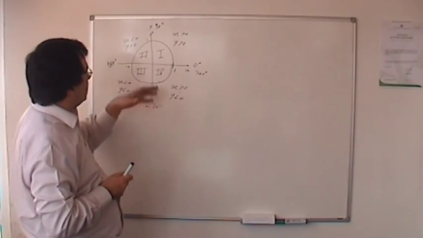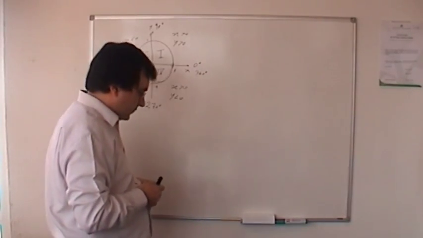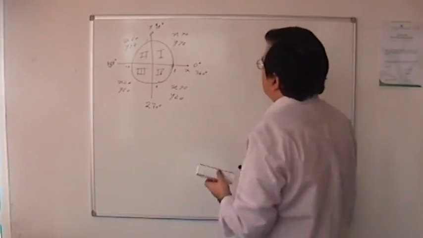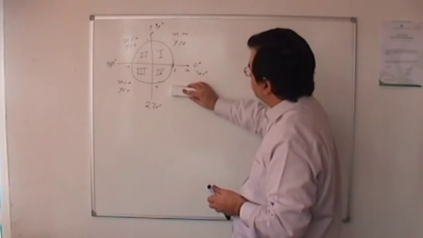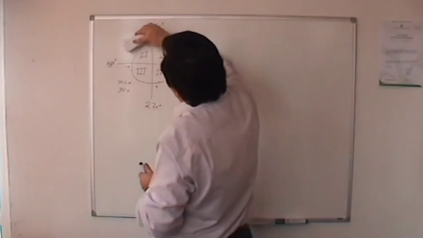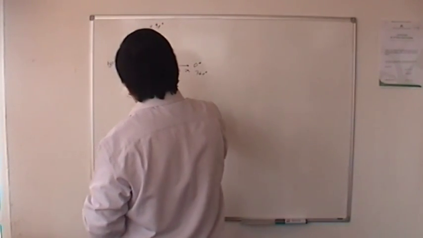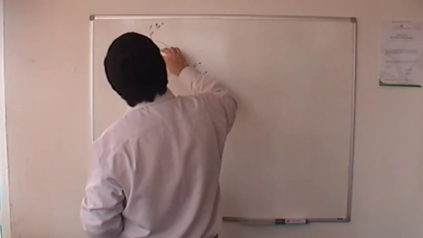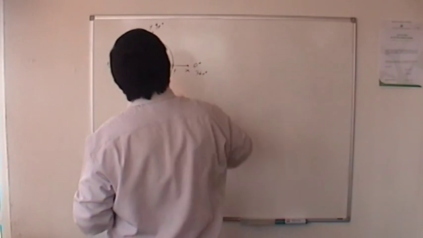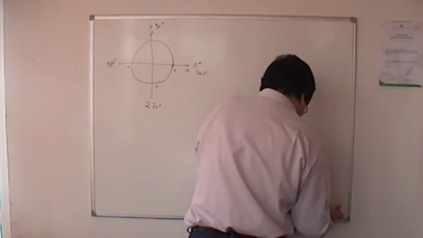I'm going to make some reference to them during this video, so it's good for you to have this idea here. Now, regarding the sine and cosine functions, there's something very interesting.